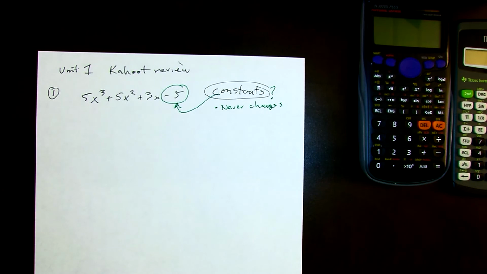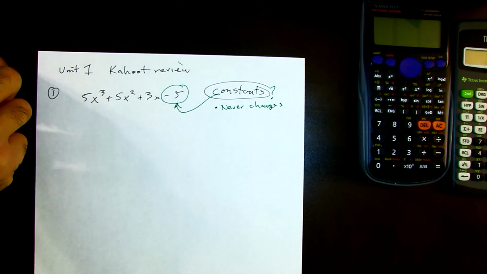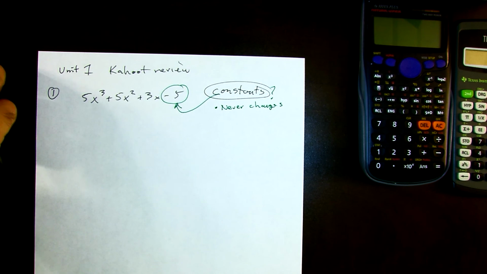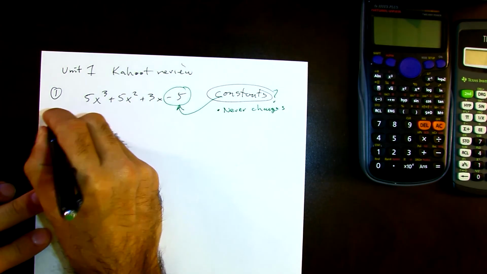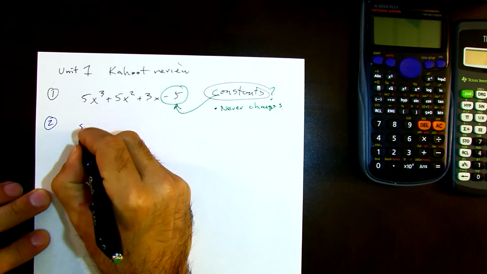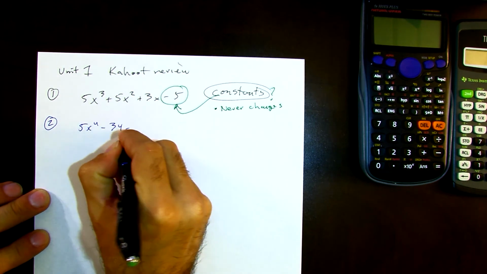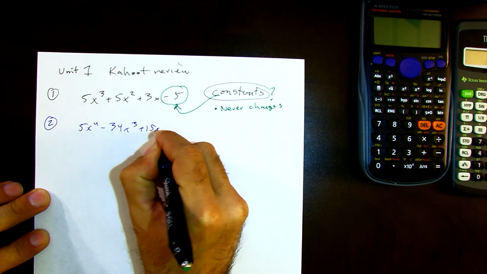This one's similar to the last, so do what I did last time. Just jot down that expression and see if you can do it without looking down at your paper. 5x to the 4th minus 34x to the 3rd plus 15x squared plus 9.